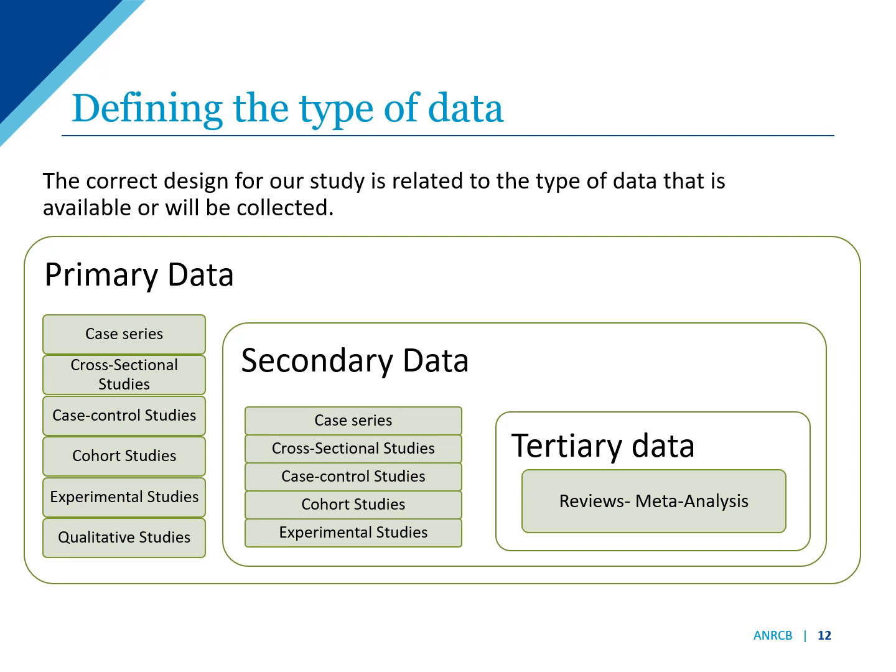The correct design for a study will be related to the type of data that's available or that we are planning to collect. We think of primary data as data that you have collected yourself as the researcher. So you may use primary data for a case series, cross-sectional studies, case control studies, cohort, experimental, and qualitative studies.